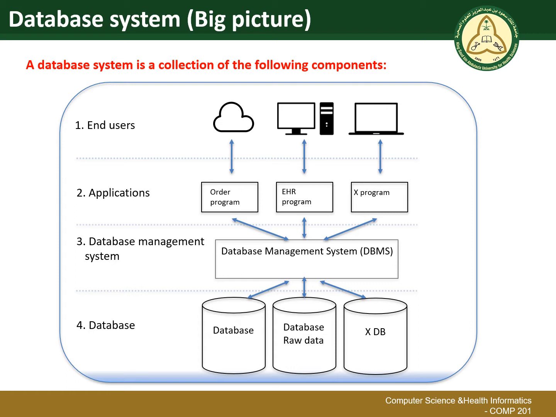Now the users are people just like me or you who might need or use the data in a database. And then we have the application. So the users will interact with the applications, and these are programs that rely on the database.